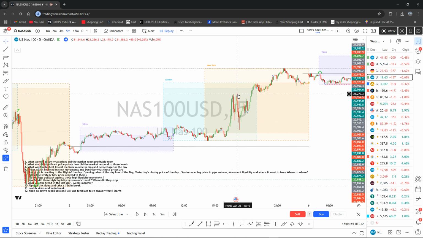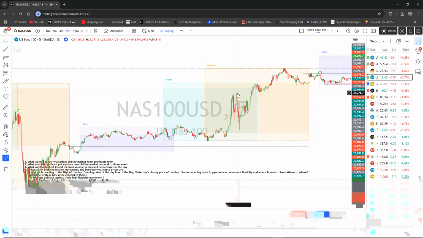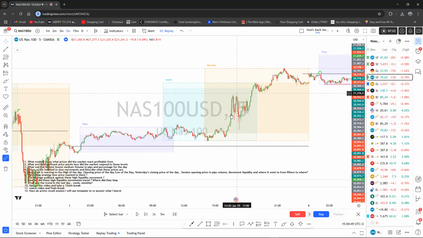There was selling from the high of the day at 5, and it was worth 180 pips. It took 20 minutes for the price to move 180 pips. When it was buying, let's see how long it took.